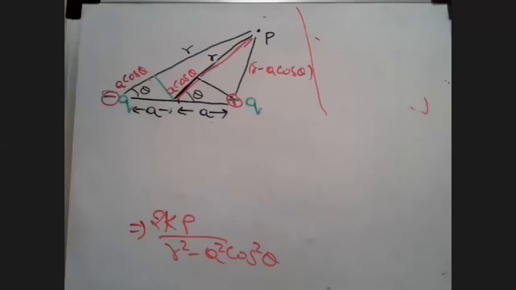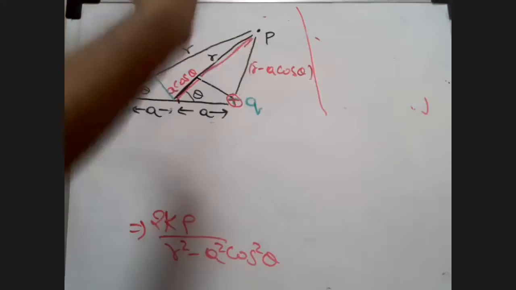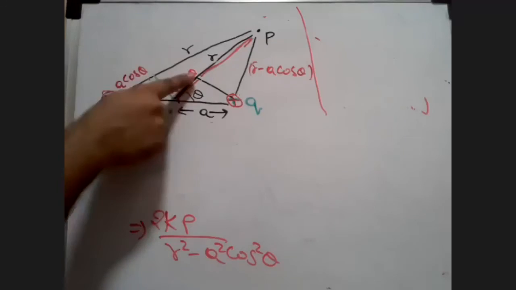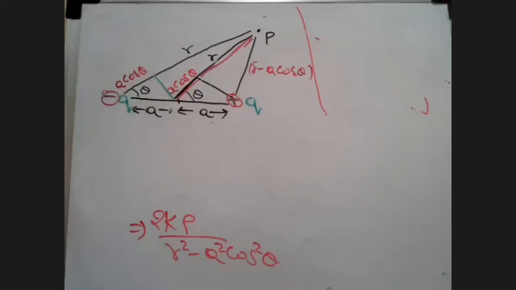And if I take R to be very large compared to A, what will it be? Insignificant. So can I remove A square cos square theta? Yes. If I take R to be very large, this A cos theta will be negligible.